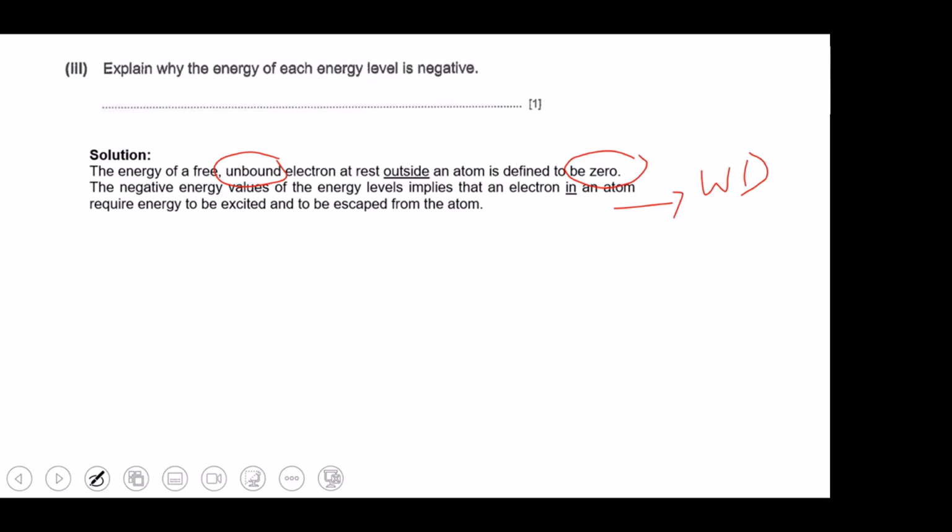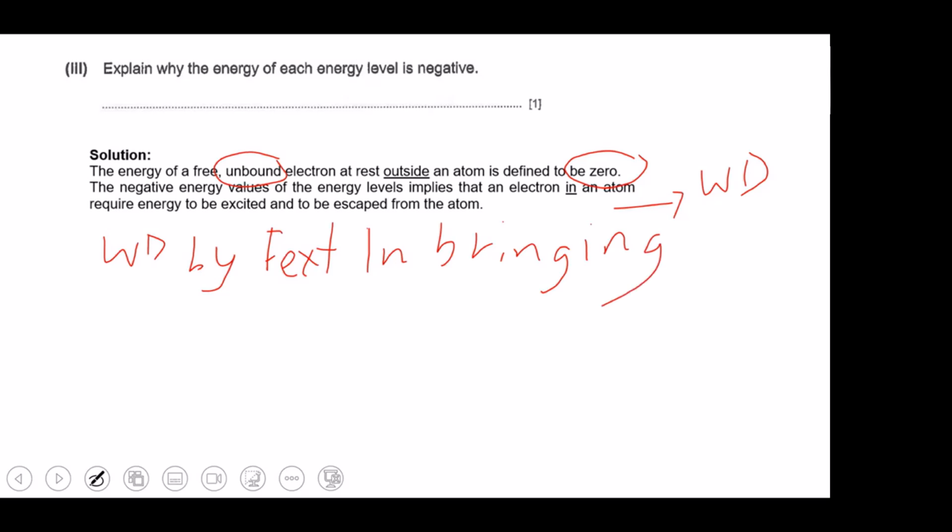Okay, so how is this a concept of work done? We can do this. You can write your energy as negative work done by an external agent in bringing the electron from infinity to that point.